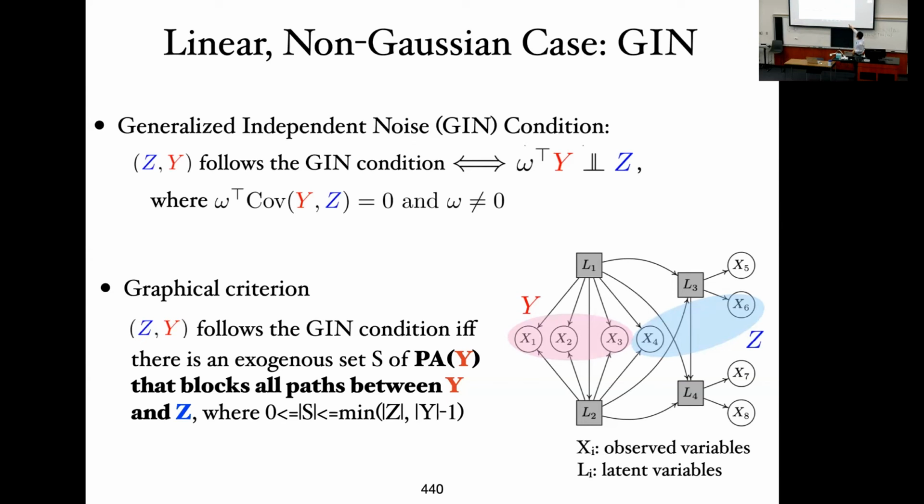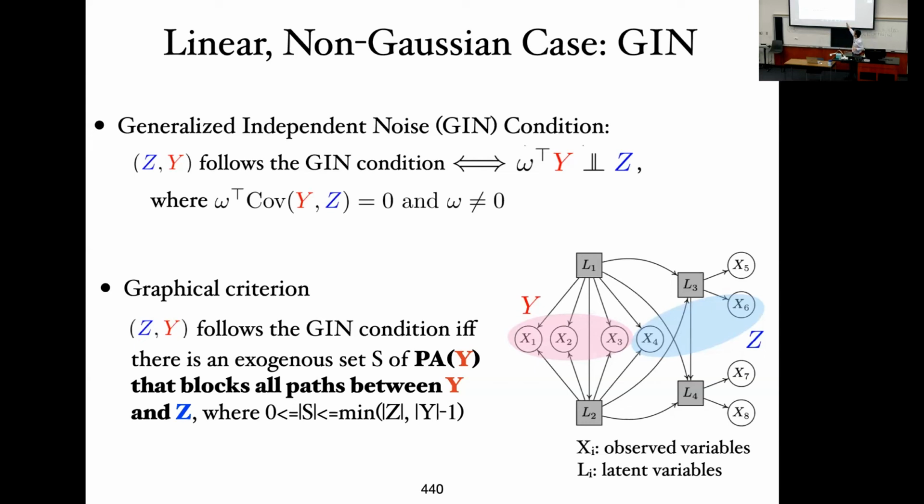As you can see from here, this is Y, this is Z. From this graph, can you see whether Z, Y, the ordered pair, follows the GIN condition? Yes, because for the Y variables I have two latent variables, and I can find a linear combination to cancel them out.